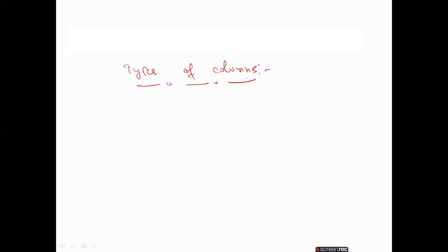We have two types of columns: the long column and the short column. The first one is the long column and the second one is the short column. How will we define them, and how does failure occur in the long column and short column? We will discuss now.